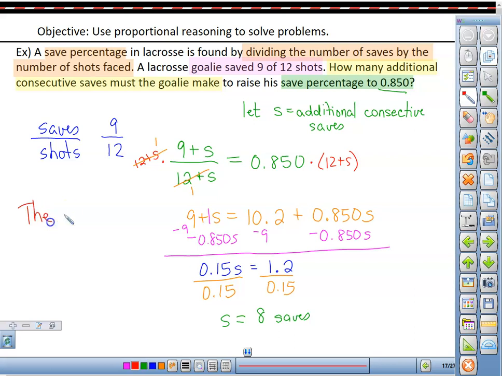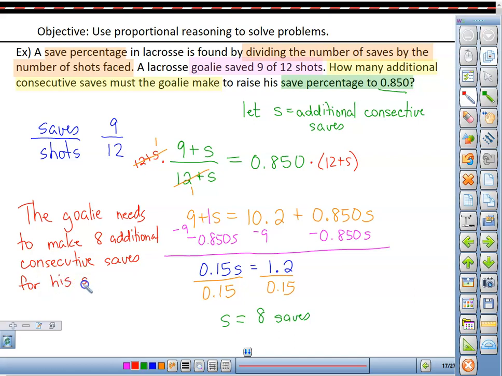So the goalie needs to make 8 additional consecutive saves for his save percentage to be 0.850.